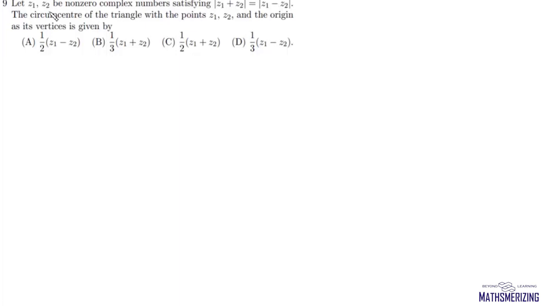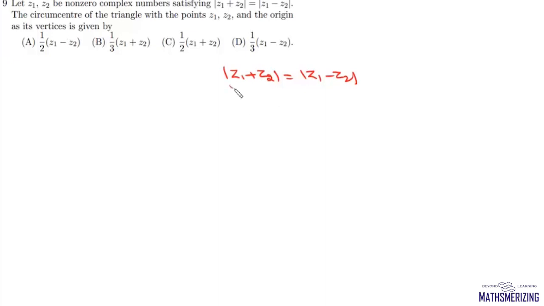Now question number 9: let Z1 and Z2 be non-zero complex numbers satisfying mod of (Z1 plus Z2) equal to mod of (Z1 minus Z2). Then the circumcenter of the triangle with points Z1, Z2 and origin as its vertices is given by.